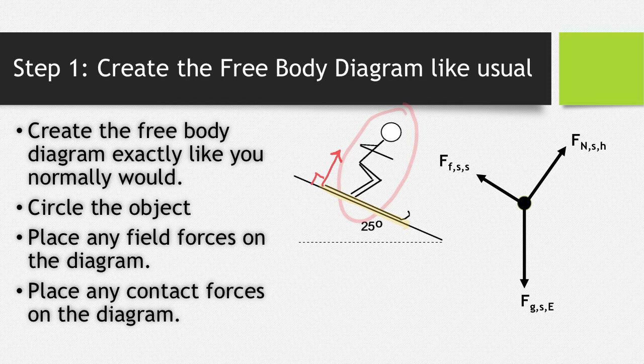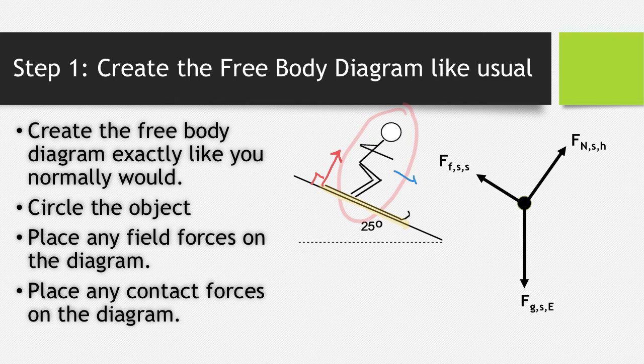And so I have force normal on the skier by the hillside or the surface, whatever you wanted to say, pointing in that direction. And then your frictional force is going to be parallel to the surface. And that always goes in the opposite direction of motion.